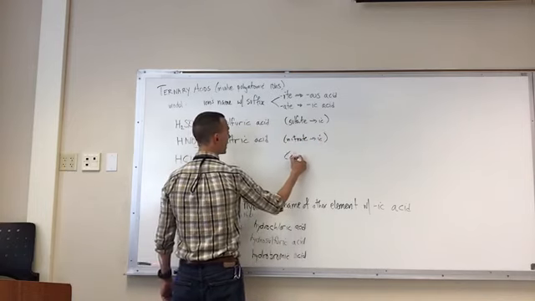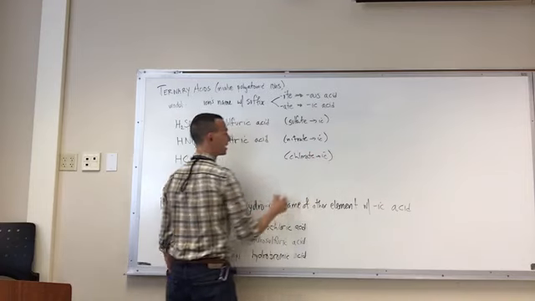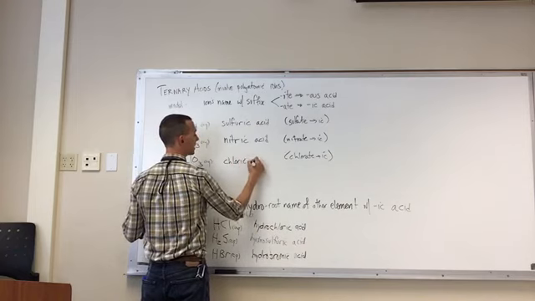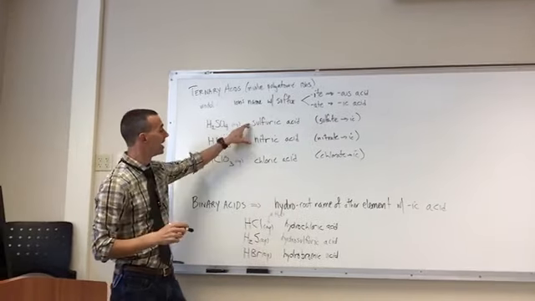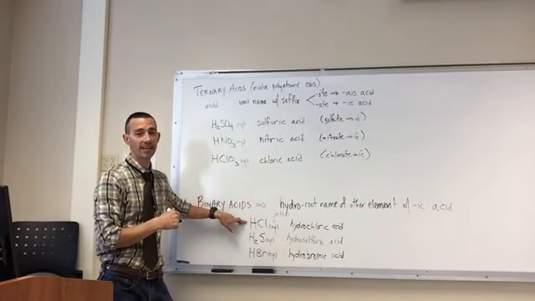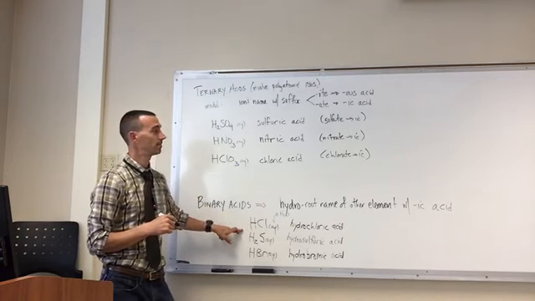The last one we have is the chlorate ion. So again, it's going to become ic. So this is called chloric acid. And again, like the sulfuric acid, how similar its name is to a very common binary acid, HCl, hydrochloric acid.